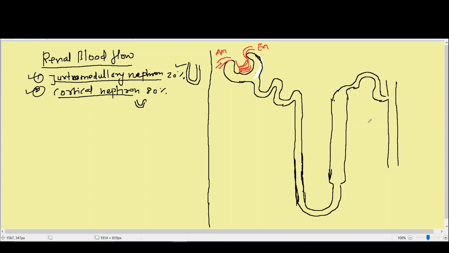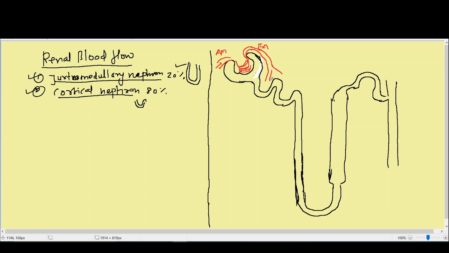and the collecting tubule. Now the efferent arteriole later moves on as peritubular capillaries. You can see that the peritubular capillaries are divided into two sub capillaries.